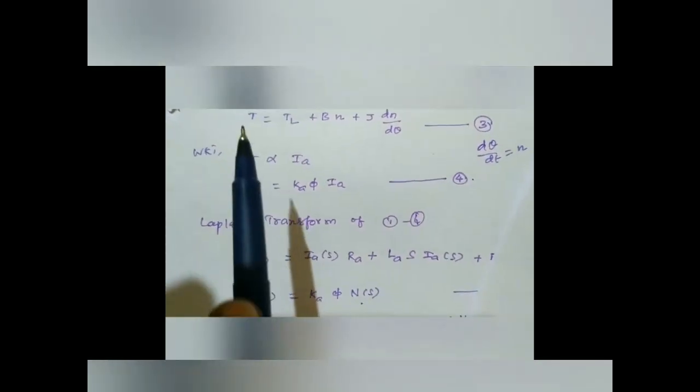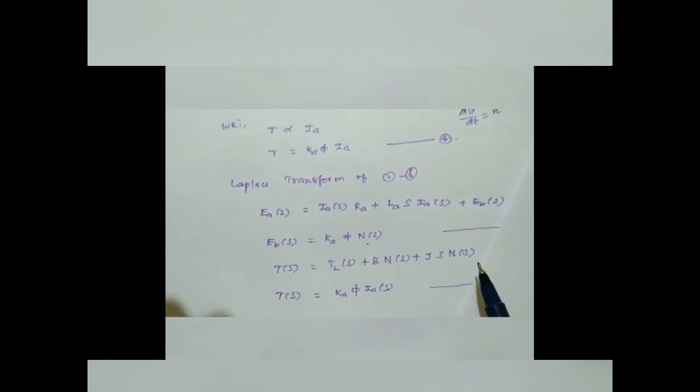Then we take the Laplace transform of equation 2, that is EB is equal to K a phi into N. So EB of S is equal to K a phi into N of S. Again in equation 3, T is equal to TL plus this equation. When we take the Laplace transform, this will become like this.